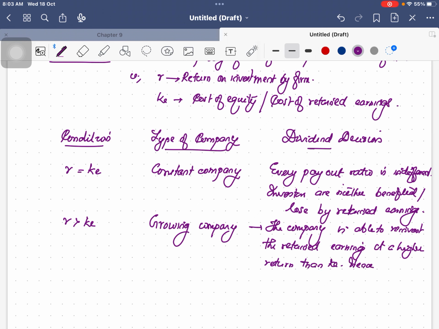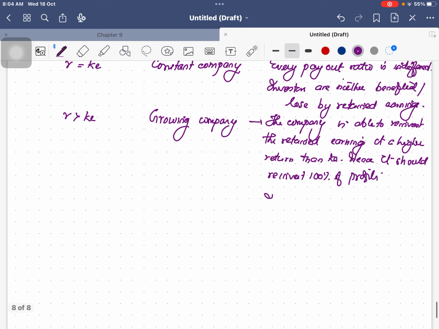Hence, ideally the company should not pay any dividend, or rather it has to reinvest 100% of the profits. So the ideal dividend payout ratio is equal to 0%, because everything has to be reinvested.